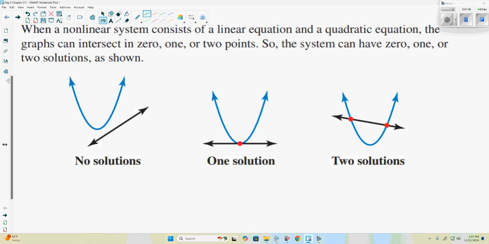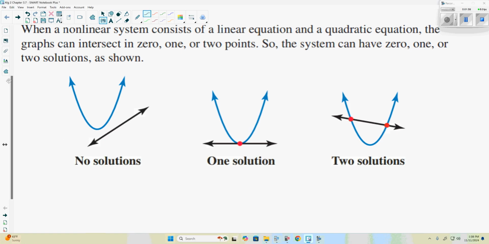Either A, no solution. There is no point where the two graphs cross each other, because we're looking for the point where they intersect. Second case, there's one solution. They will intersect each other at a single point. Or there are two solutions, two points where they cross.